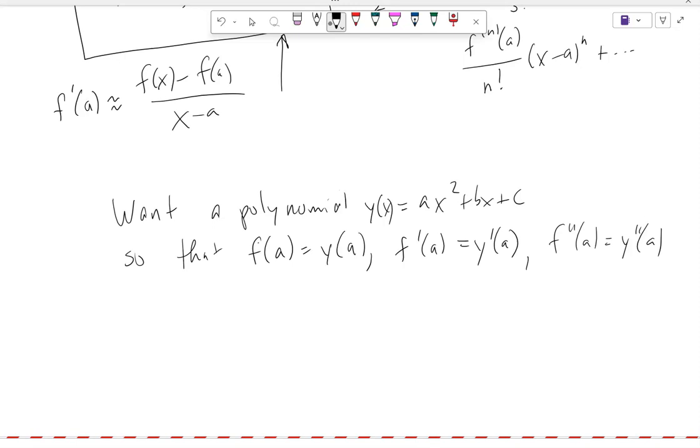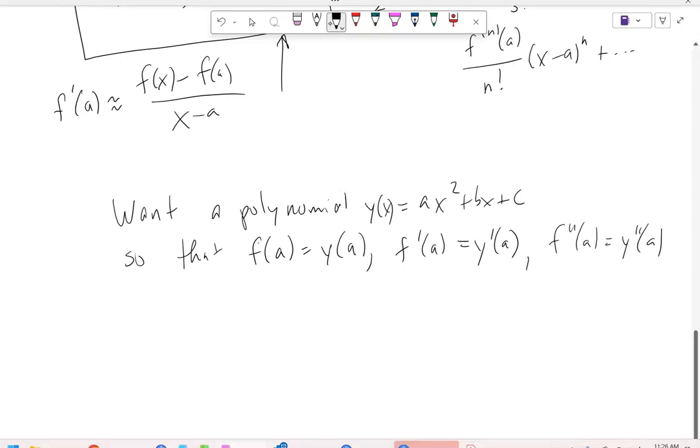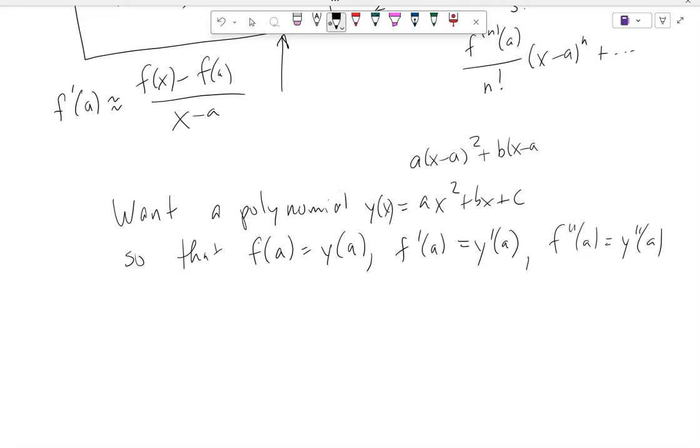I didn't make this polynomial very nice, so let me adjust it slightly, and so you don't have to erase it, I'm just going to write it above it. To make my computations nice, let's center the polynomial at a. Why did I do that?